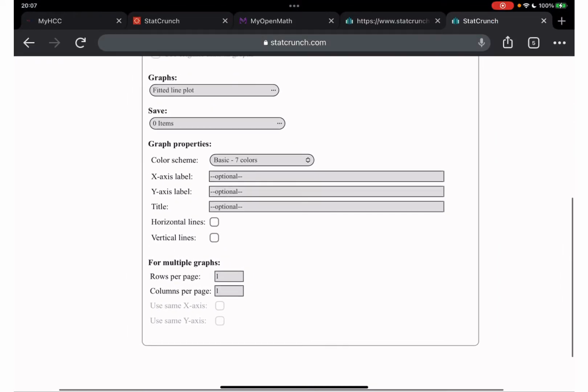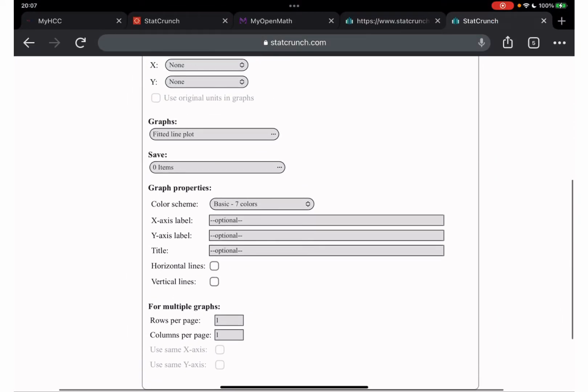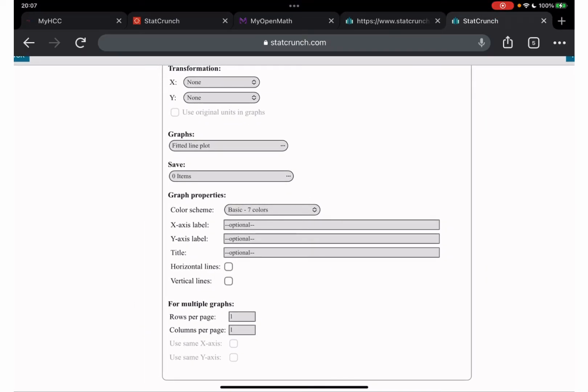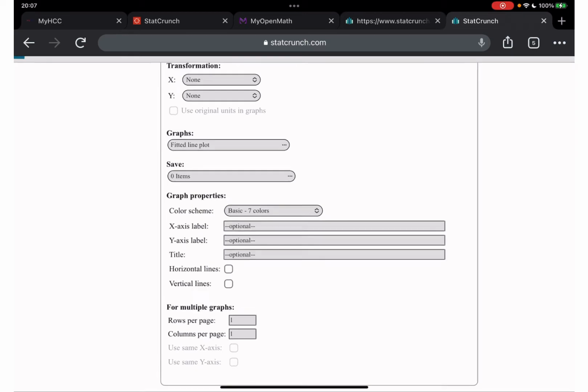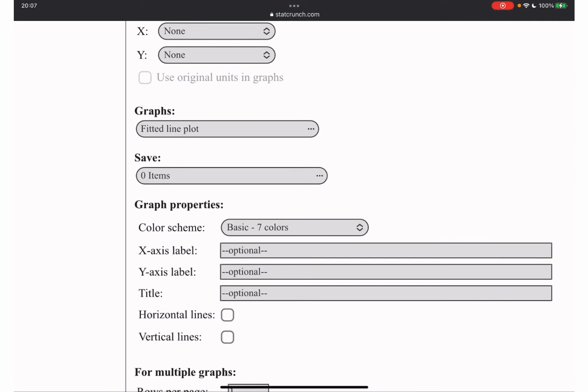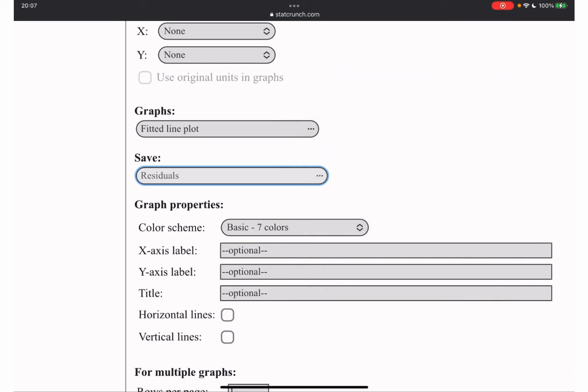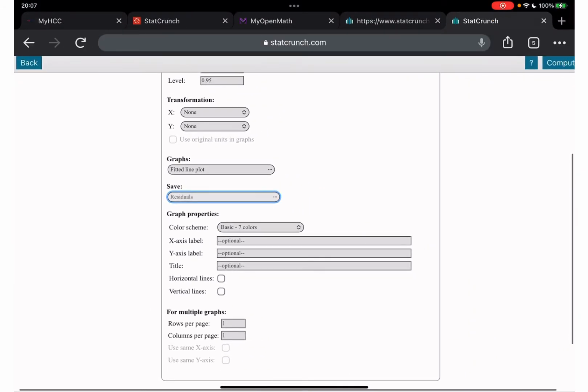It doesn't show on mine, it's interesting, but you should have it. So once you click options and then edit, under graphs, first you will see the fitted line plot right here. Oh, save, here it is. Save, there we go. I'm looking here for residual. Choose residual, and I'm thinking, what's happening? Why doesn't it have it? Here it is, residual, and click compute.